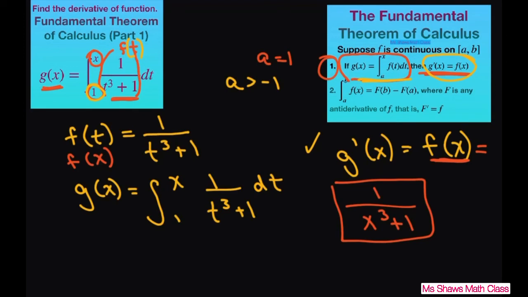Also, if it was -1, then you'd be dividing by 0. So that wouldn't work. But we want this whole thing to be positive. So for it to be positive, for this to work, this a has to be greater than -1. And anything greater than -1 won't affect the answer. It could be 0, 2, or what have you.